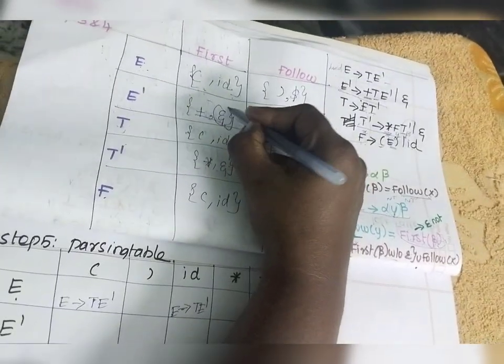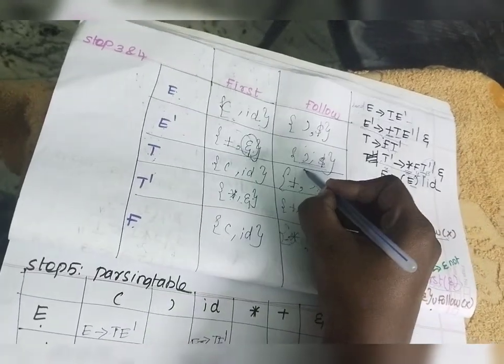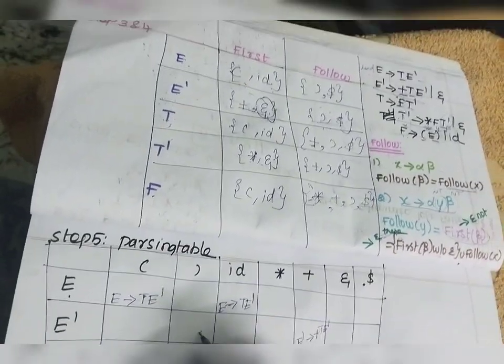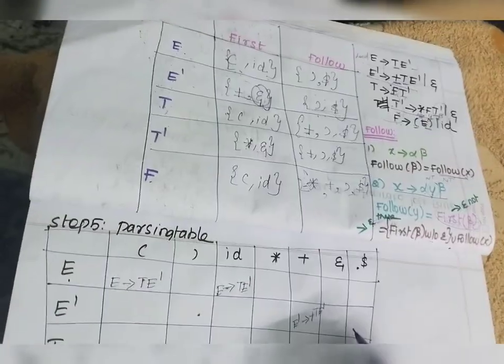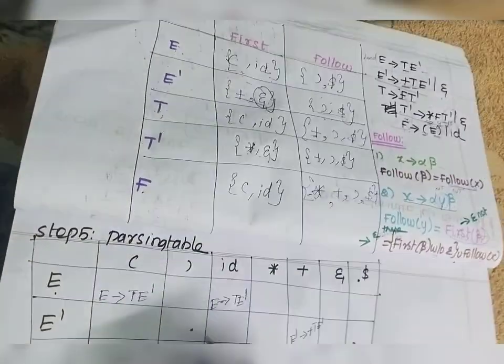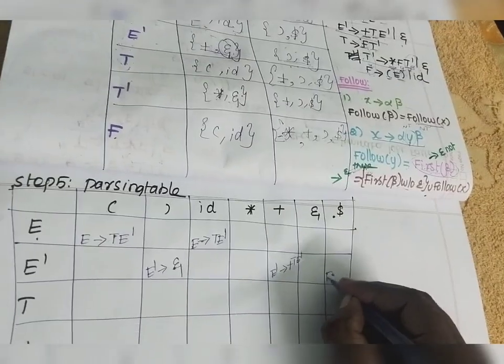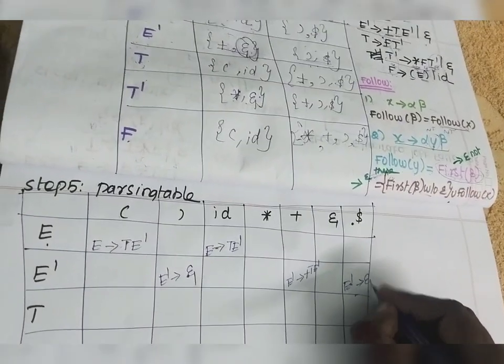If epsilon is there, you have to check the follow for this production. Follow is close bracket and dollar symbol. For that you write the other production, that is E dash tends to epsilon. Here also E dash tends to epsilon.